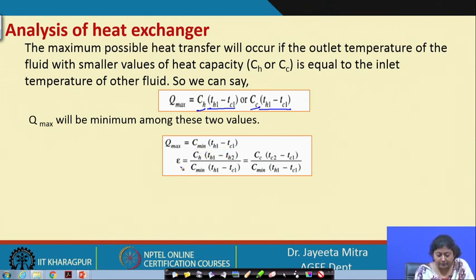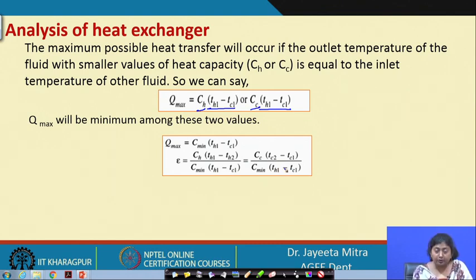So, effectiveness will be the actual transfer, in the case of the hot fluid Ch into Th1 minus Th2, divided by C minimum into Th1 minus Tc1, because if Ch is minimum, Th2 will change to Tc1.